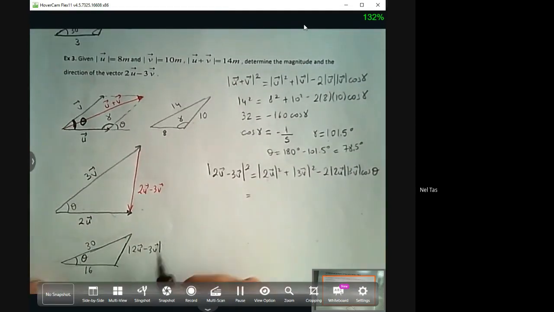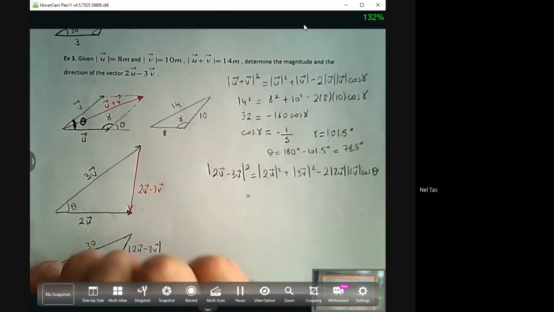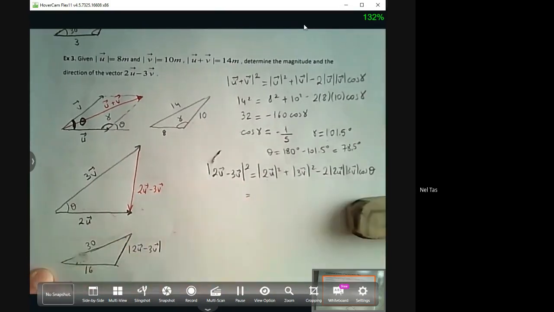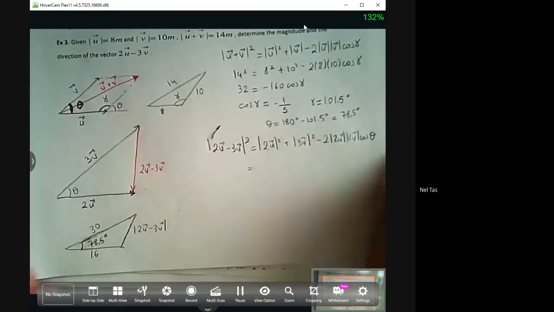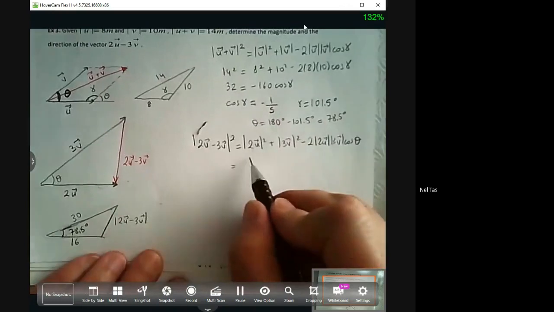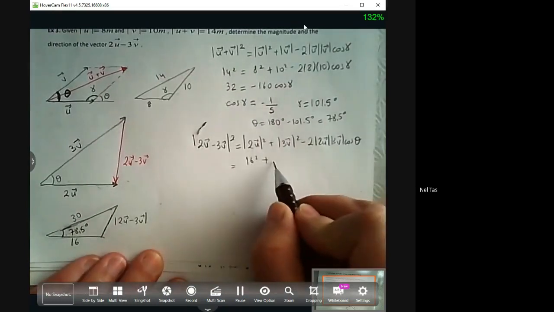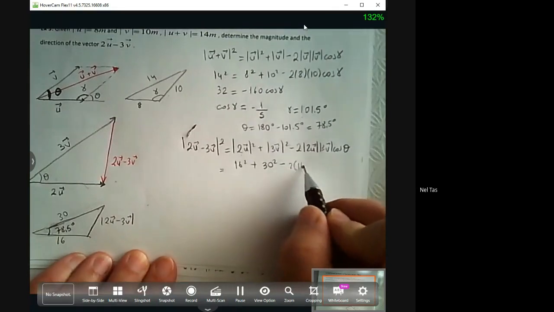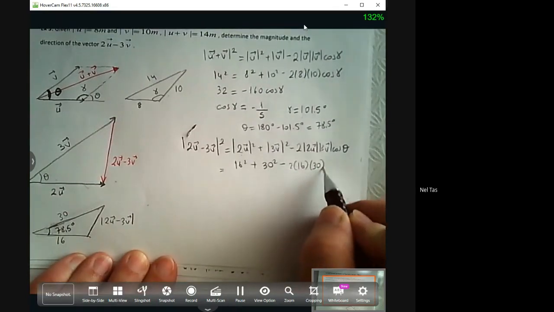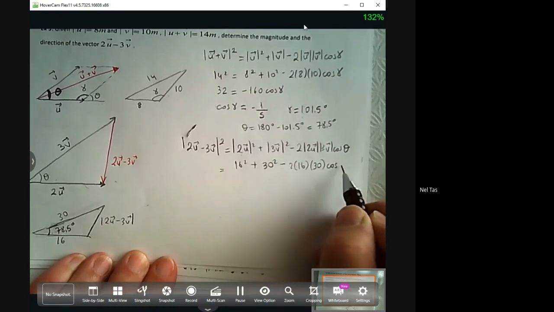Okay, then I can just replace theta with that, 78.5 degrees. Okay, so 2u 16 squared plus 3v 30 squared minus 2 times 16 times 30 times cosine 78.5 degrees.